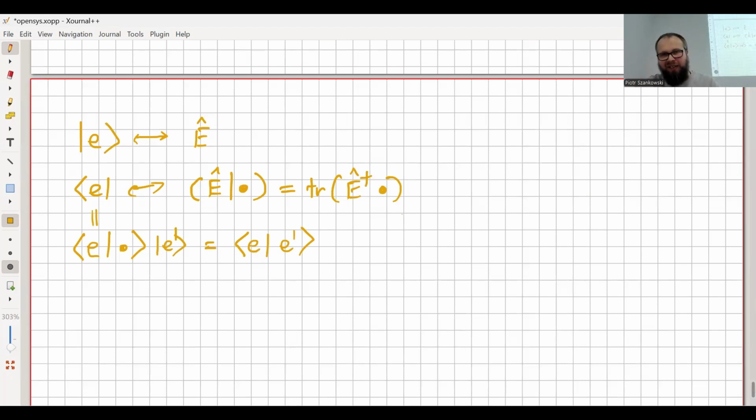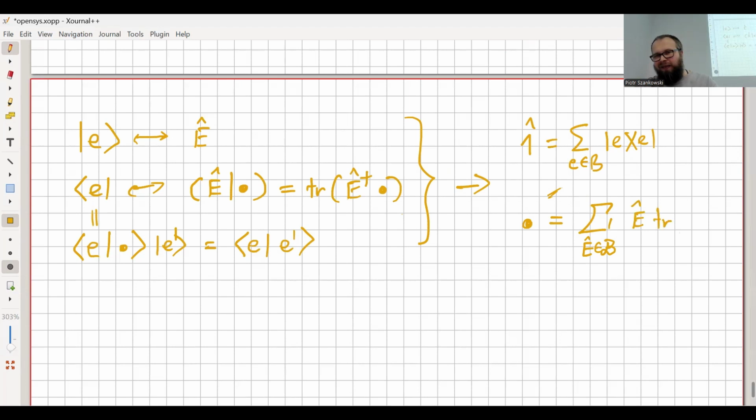And all this means that if the decomposition of identity in vector space was this, the decomposition of identity in our operator space will be this.